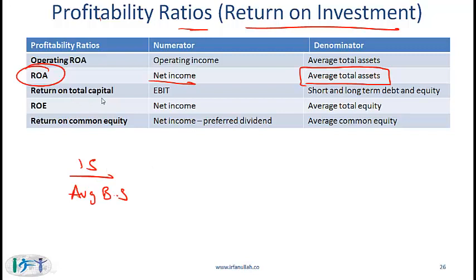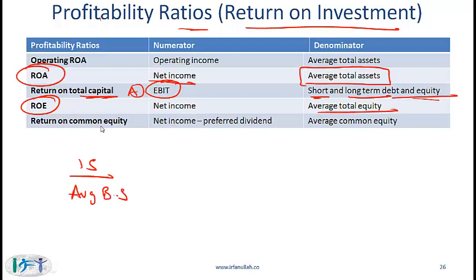Return on total capital is EBIT divided by short and long-term debt and equity. Now, in different textbooks, you might see a slightly different definition of capital. Here you see long-term debt and equity. In other textbooks, the total assets might be used. Return on equity is net income divided by average total equity.